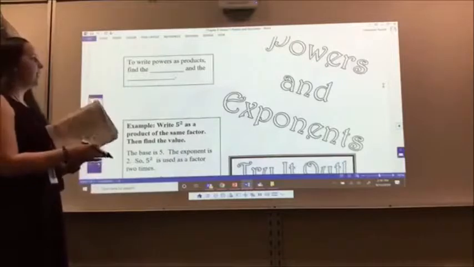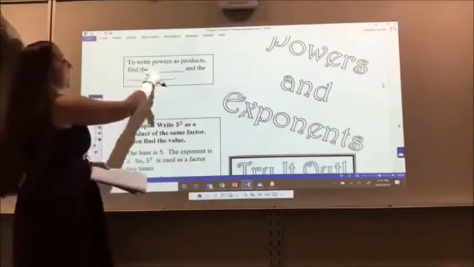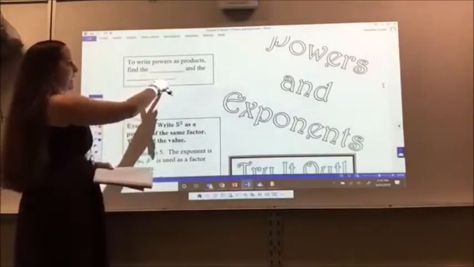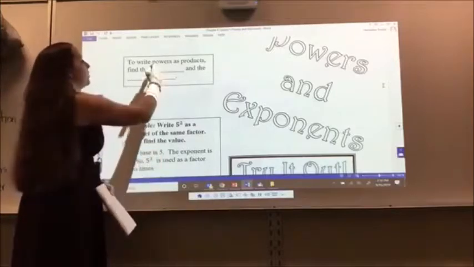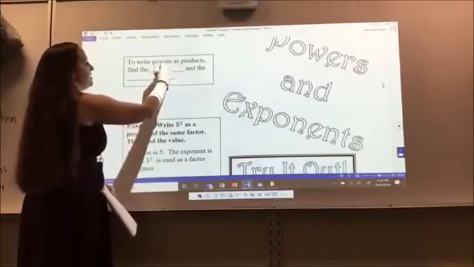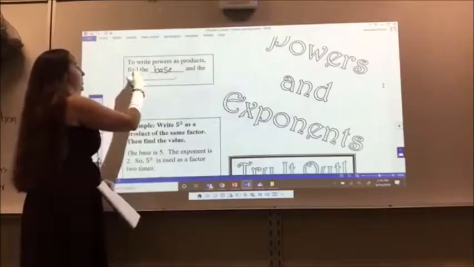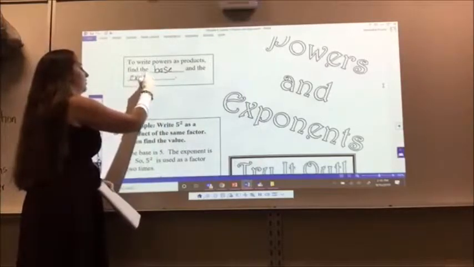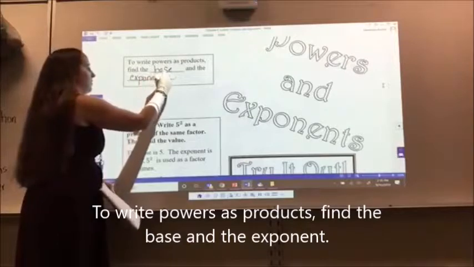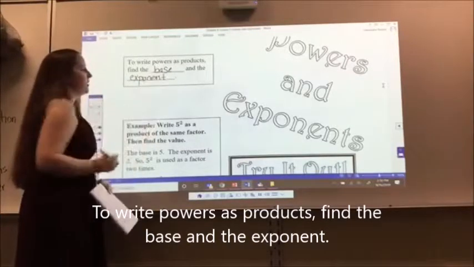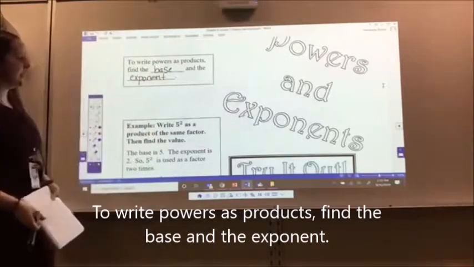Okay. At the top it says, to write powers as products, find the base and the exponent. So the first thing you want to write is base and the exponent. Okay, so base and the exponent.